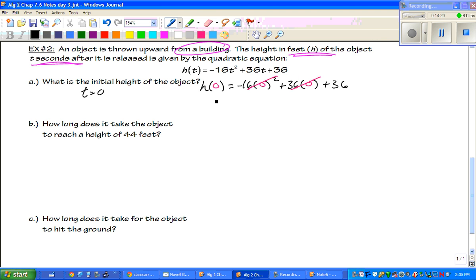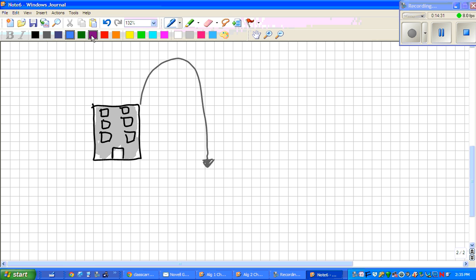Those terms cancel and tell us that h of 0 equals 36 feet. So on your little picture right now, we can tell that this building is 36 feet high.